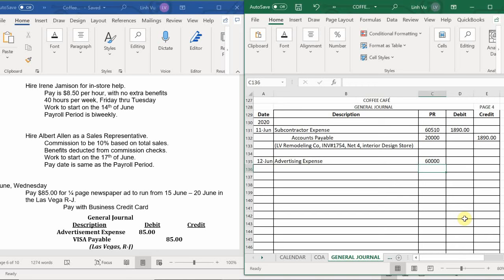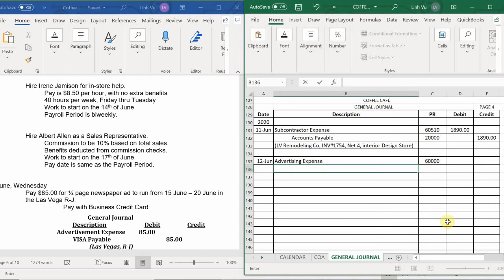So since we're going to start using our credit card, our very first credit card transaction was that we purchased advertising expense. So in this case, we're going to recognize it, right? Because if we use it, we have to pay for it, but we're not going to pay for it now. We're going to pay for it later.